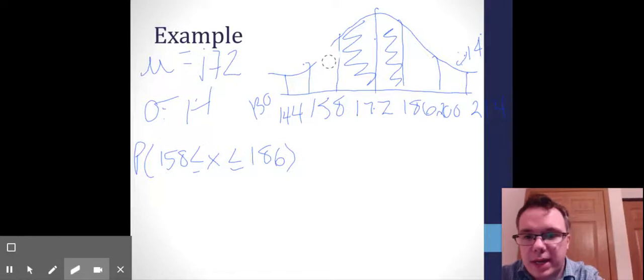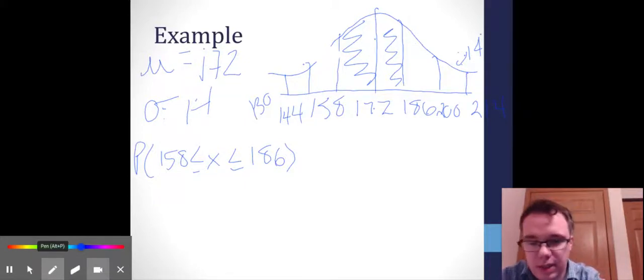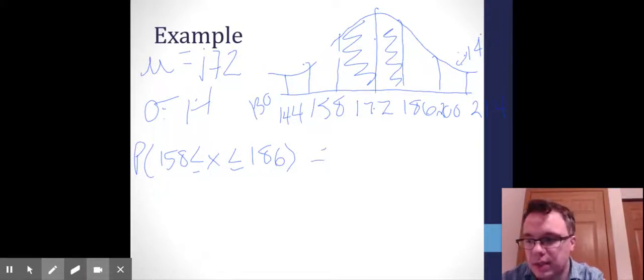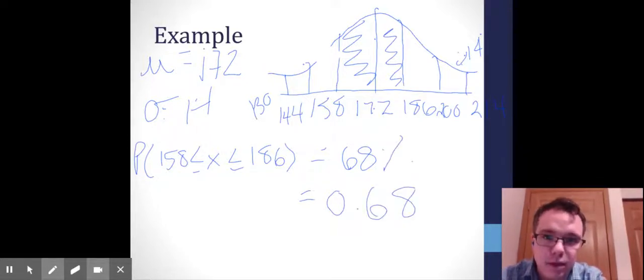If we look back at our empirical rule, that's asking how much data is one standard deviation away from the mean in each direction. And remember, in each direction, that is 68%, or you can take your 34 plus your 34, so that's 68%. So our probability is going to be 0.68. All right, so that was the first question.